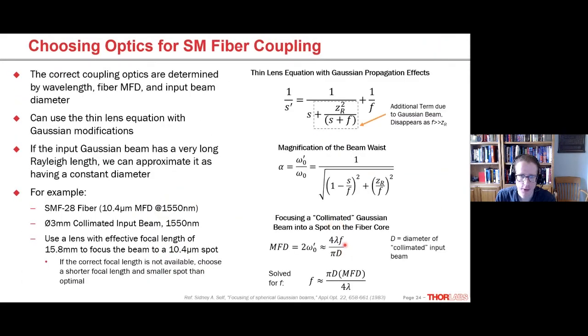You're going to have a certain effective focal length of that doublet lens, a certain input beam size, and you're shooting for a certain fiber mode field diameter. So yeah, same logic, whether it's a spherical singlet, which isn't going to give you a very good spot, an aspheric, a doublet, or anything like that. Yeah, and I guess a lot of people use microscope objectives, which are multiple lenses. Yeah, exactly. But still going to do the same thing. Great point.